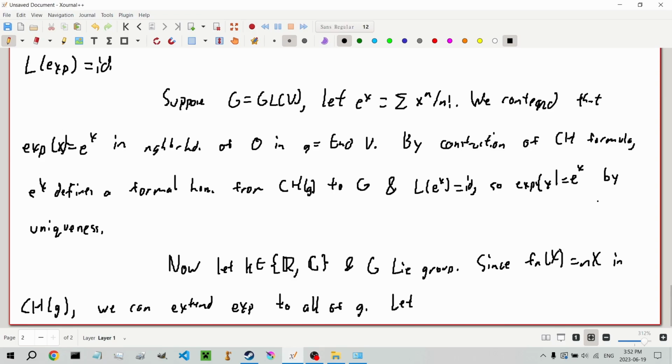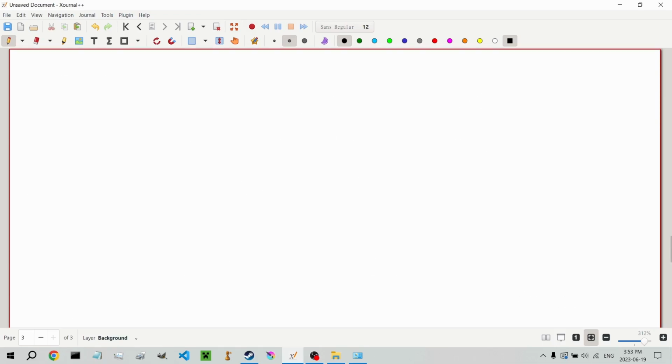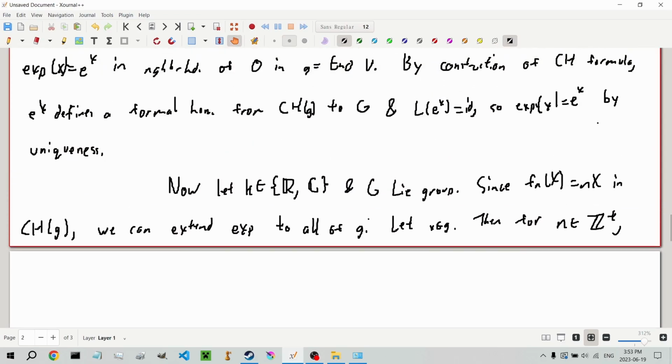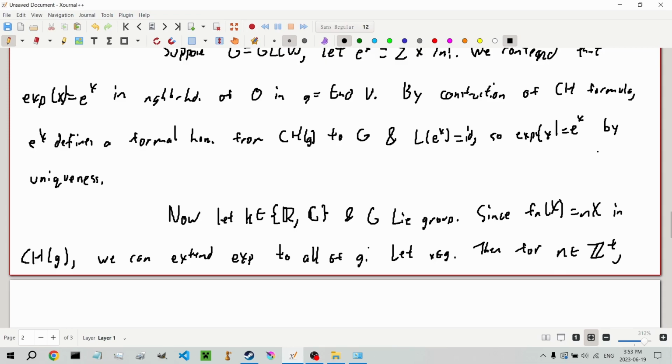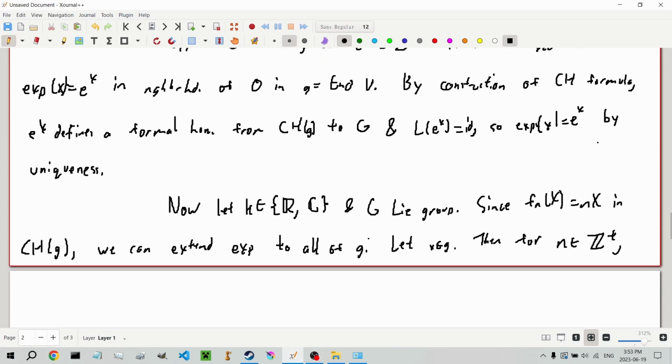So we're going to let x be in G. Then, since we're in the real or complex case, for n being a positive integer, one over n times our x is in the domain of the exponential.